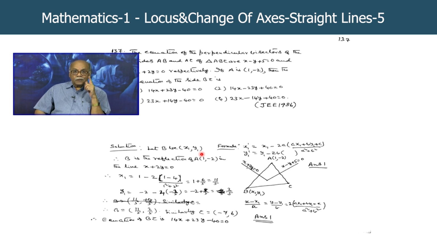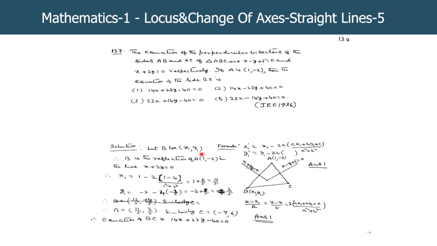In both the formulas, (ax1 + by1 + c) by (a square plus b square) is common. So if you use the image formula, x1 is equal to 1 plus 6 by 5, which is 11 by 5, and y1 is equal to minus 2 plus 8 by 5, which is 2 by 5.